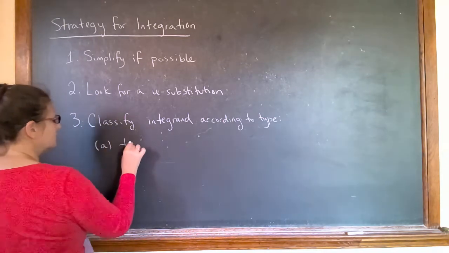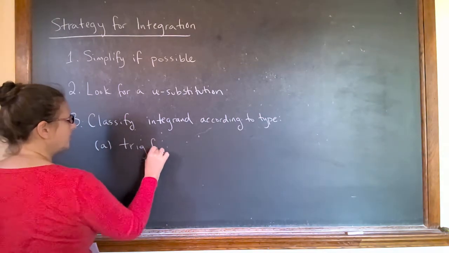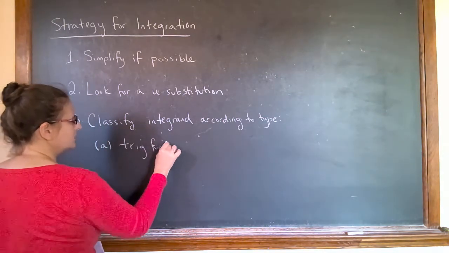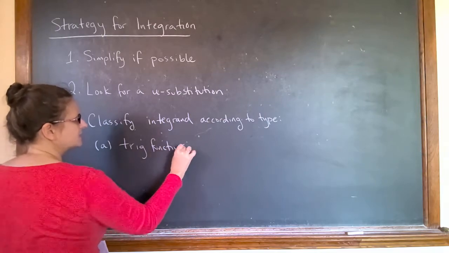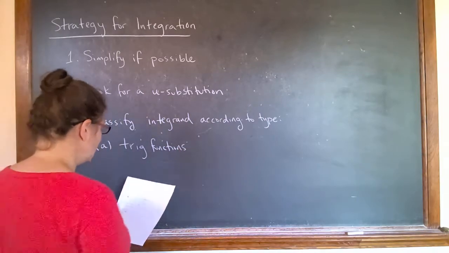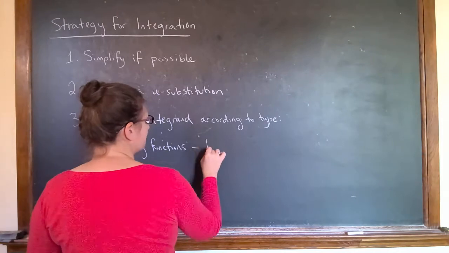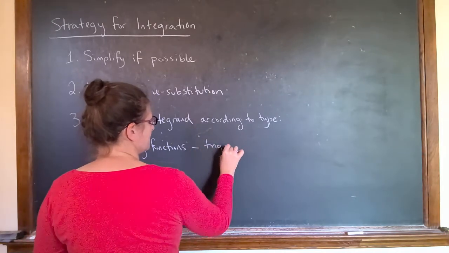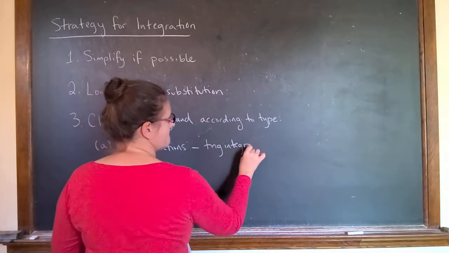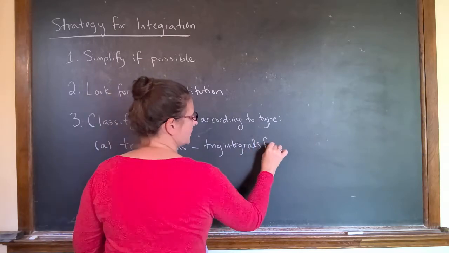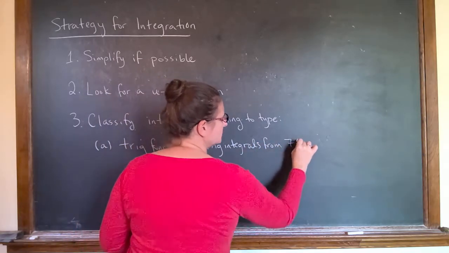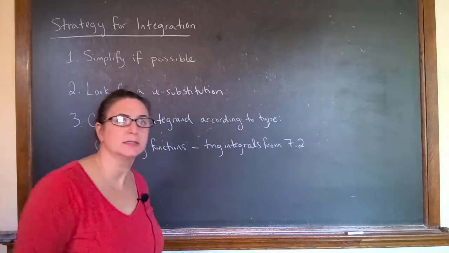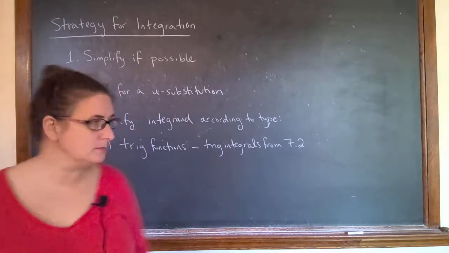If I see a bunch of trig functions, then I'm going to try to use the stuff from section 7.2, where we try to use some trig identities and then make a u substitution.